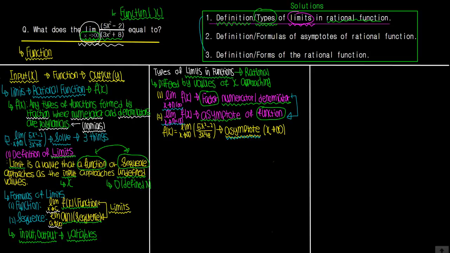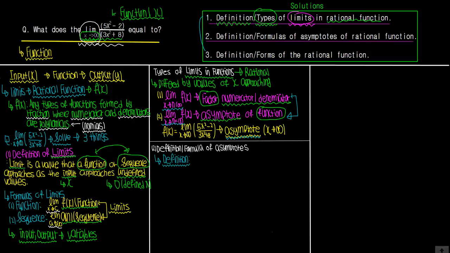So before we think about applying all of what we know to our rational function, we need to know what the asymptote is in our rational function. And that will be the second thing that we need to know in order to solve this question, which is the definition and the formulas of asymptotes of a rational function.